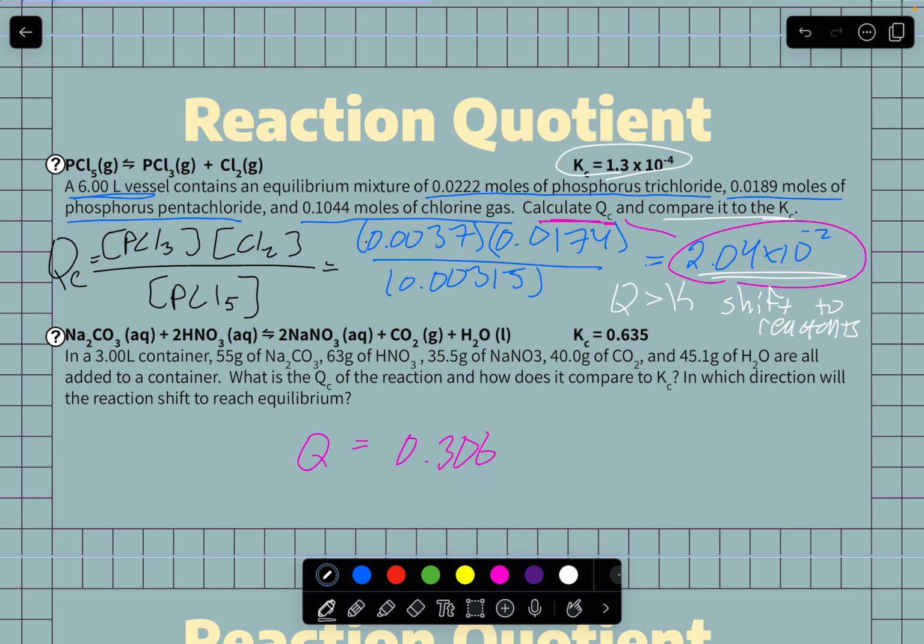But show your work getting to that Q. These ones are in grams, so you'll have to go from grams to moles first, then do the moles divided by liters. Figure out your Q, write the expression out, put the numbers in to solve it, and then tell me what this means in relationship to your K value.